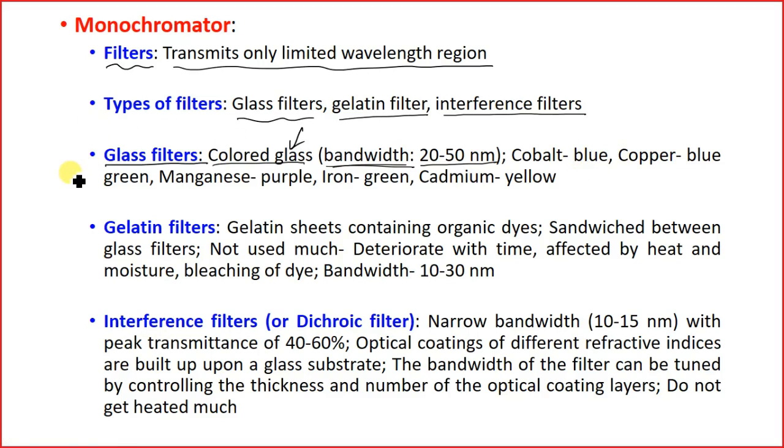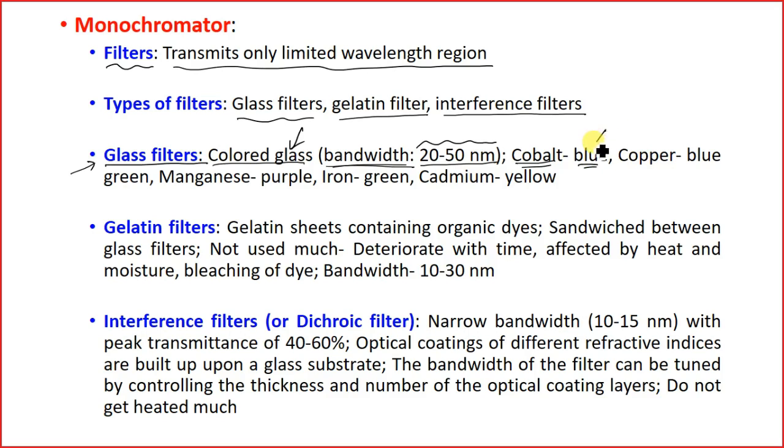Usually, the glass filters can be of research grade and normal colored glasses which you can find in the market. So, for designing the monochromators, we should usually use these research grade glass filters because they will have a very narrow bandwidth.